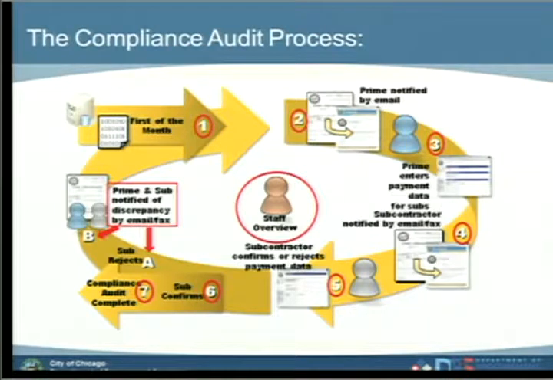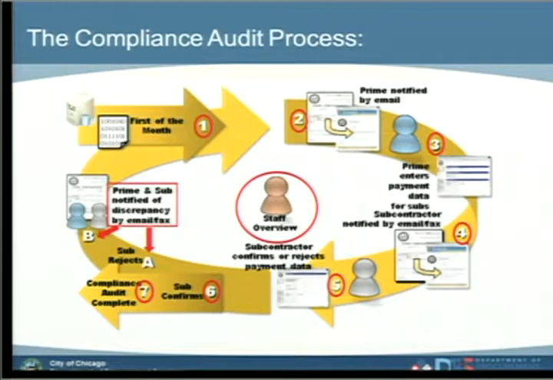The next step, an email notification is sent out to all the subcontractors, letting them know that an audit has been created. The subcontractor then goes into the C2 system and either accepts or rejects the payment made to them.